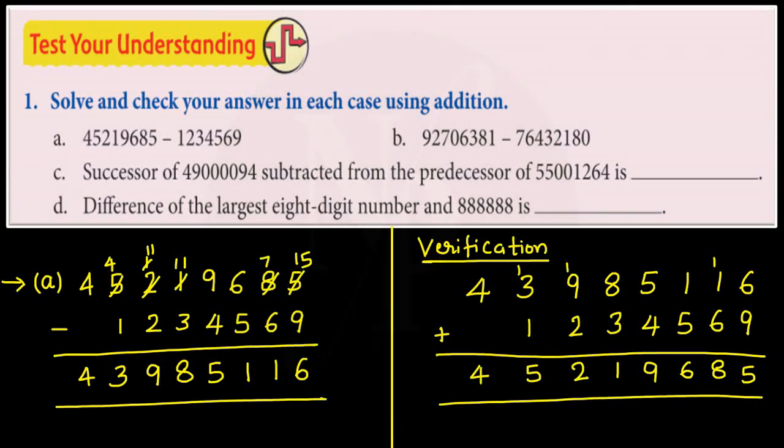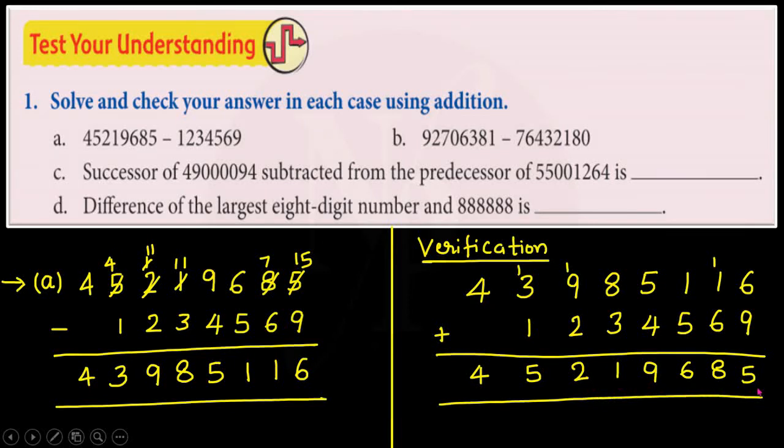Now let us compare the sum we obtained with the minuend given in the question. Here we have 4, 5, 2, 1, 9, 6, 8, 5. Here also we have 4, 5, 2, 1, 9, 6, 8, 5.